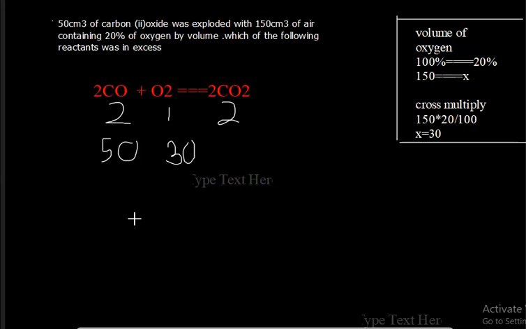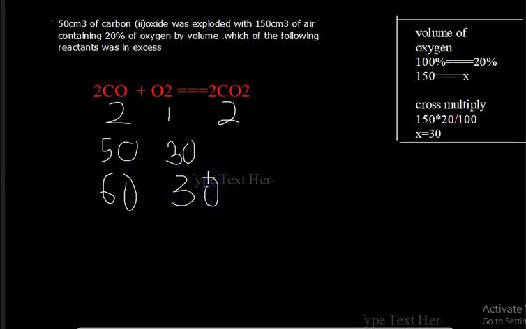But if I move 30, which is under 1 mole, to CO, which is 2 moles, we'll have 60. So for example, if I decide to move this 30 to the 2-mole position, it will now become 60, while the 50 stays.